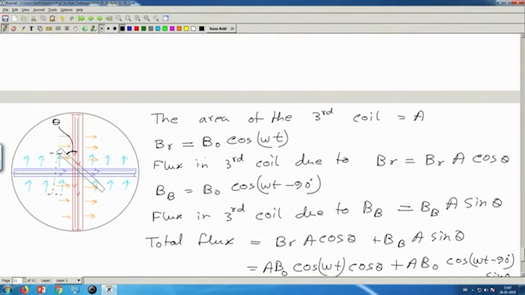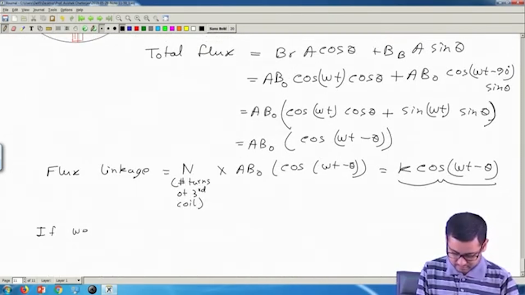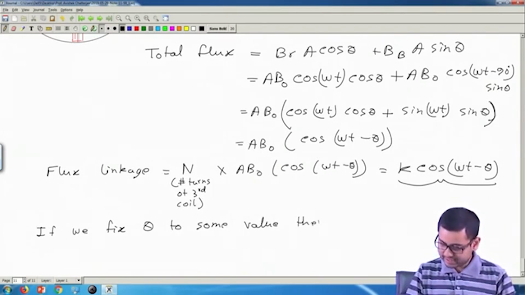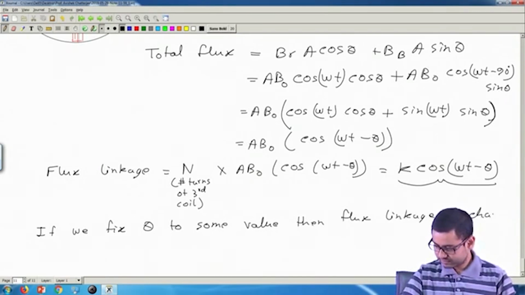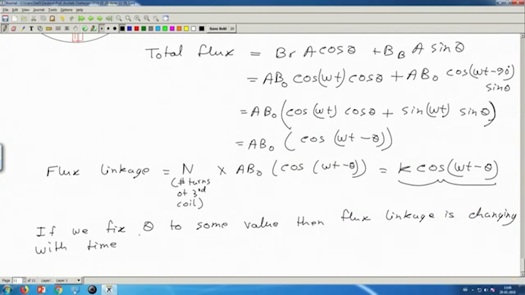Now if theta is constant, what is theta? Theta is the position of this coil, and I can keep it constant. I can put this coil at a particular angle. So if we fix theta to some value, then the flux linkage is changing with time, and the induced EMF will be equal to the rate of change of flux linkage.